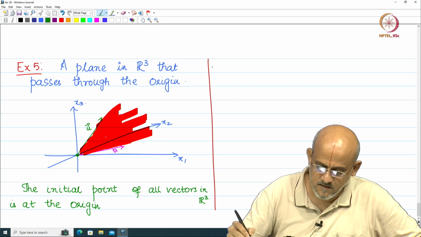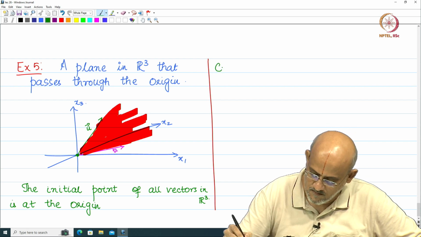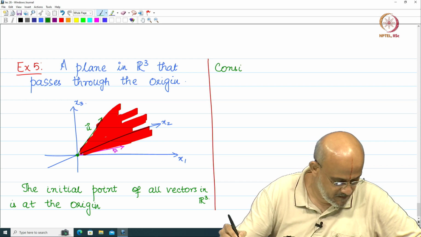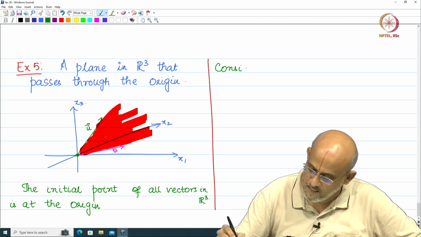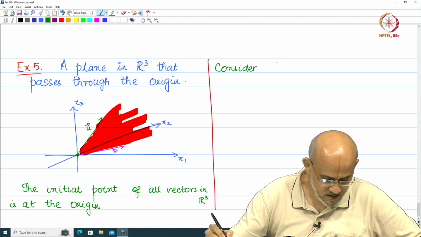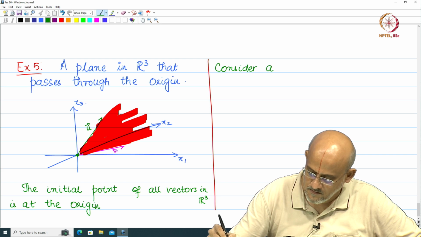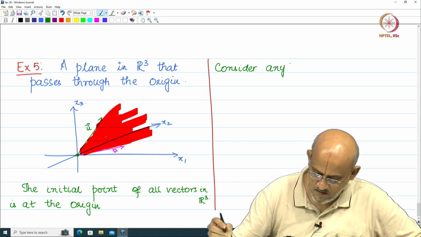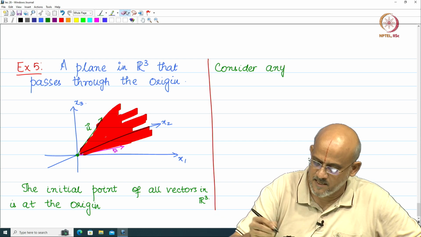So, the first thing is consider two vectors. So, we will actually give the name for this plane.